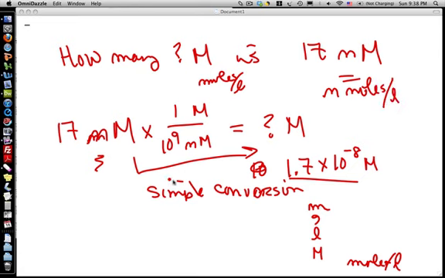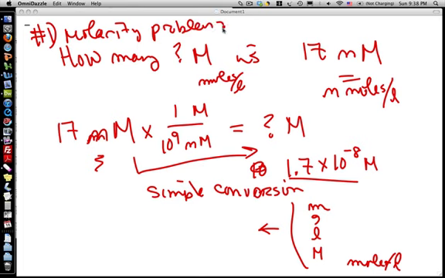That would be fine. And it could be either one of those, and these all are solved the same by this simple conversion. And that's the first type of molarity problem. Oh, it's just a simple conversion. We don't need to understand molarity to do the simple conversion.